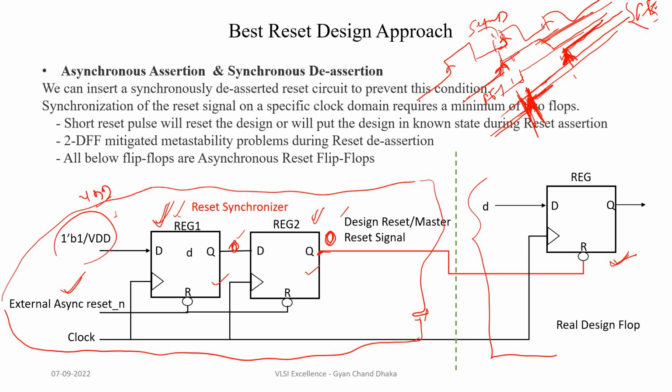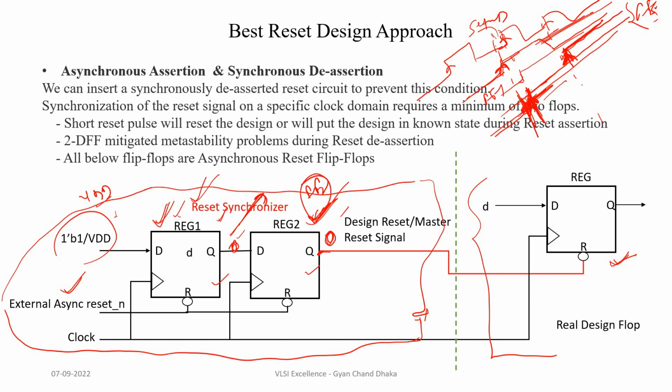By the next clock edge, the register 1 output will settle, and hence we will get a clean output from register 2. So at the next clock edge as well, we do not have any metastability for flip-flop 2.